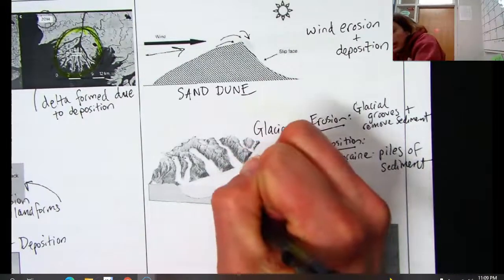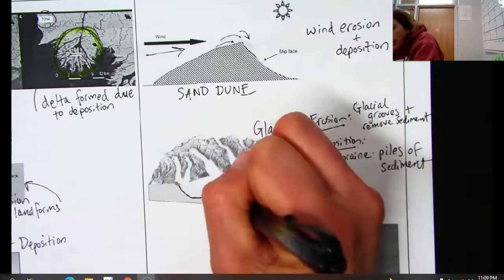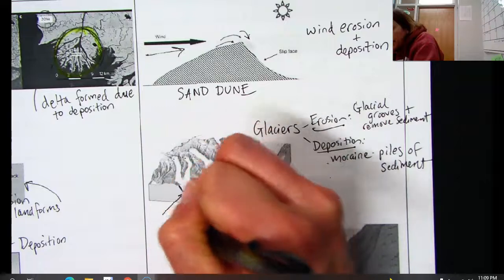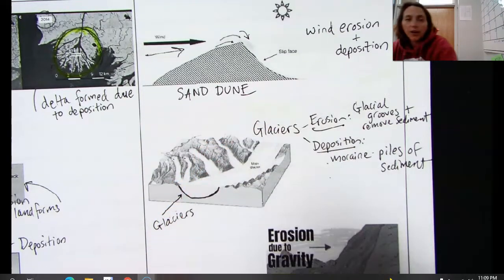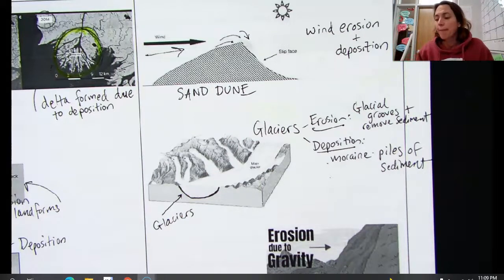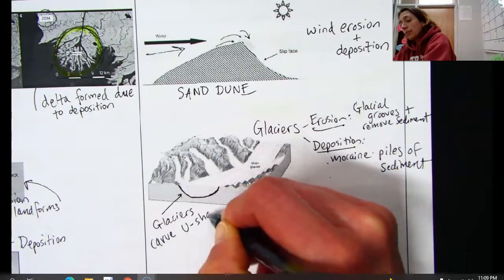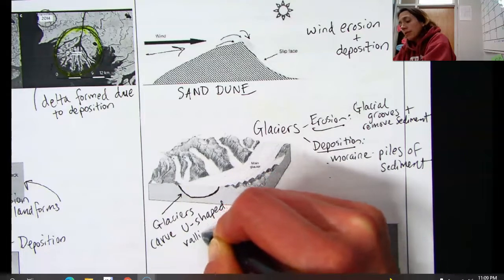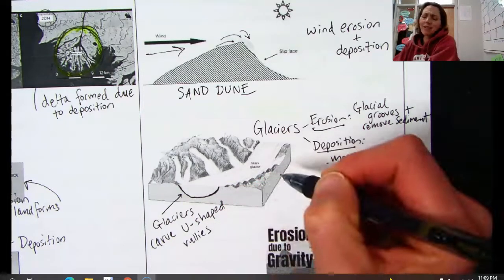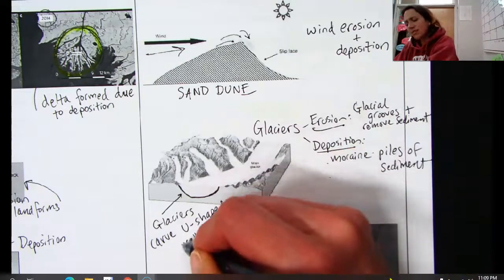All right, what I like about this is this shape right here. You can always tell in a landscape where glaciers have carved the land. You don't really see it here in Ohio, but if you go to a mountainous region that has glaciers, glaciers carve U-shaped valleys.